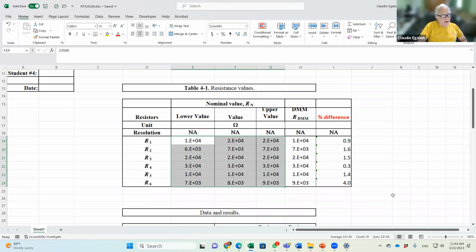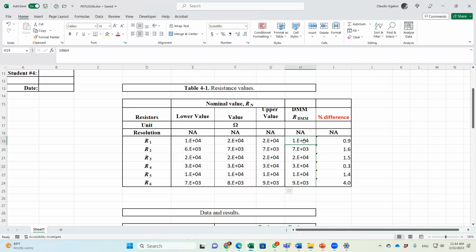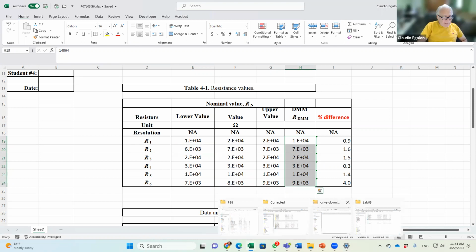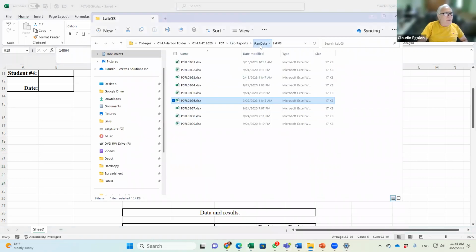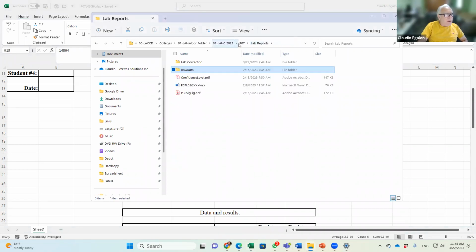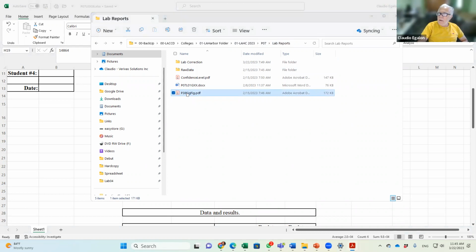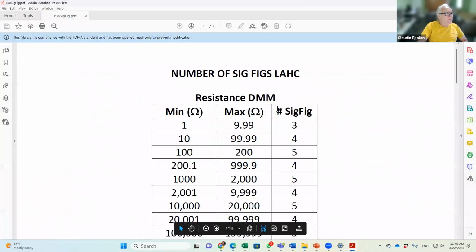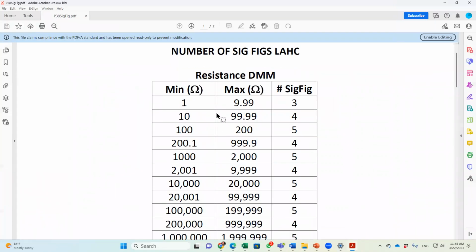Also for the DMM resistance, I was trying to figure it out from the chart, but I couldn't. Okay, so let's take a look at the chart of the resistance. Significant figures, right in here. Resistance DMM, that's the first table, right? Yes.